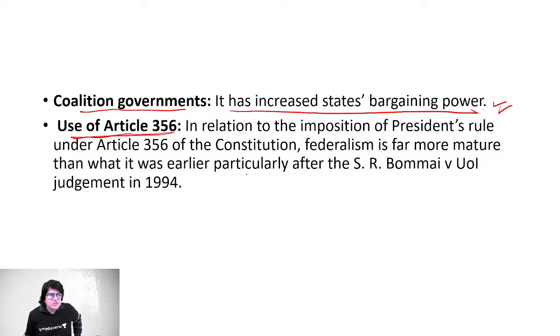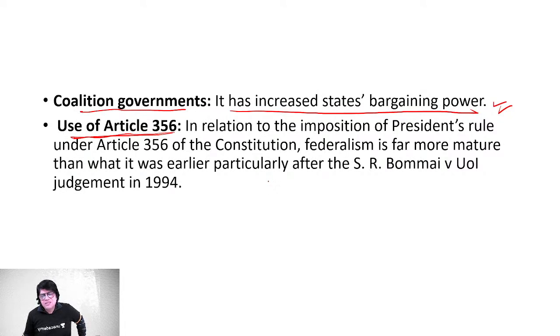So this was challenged by S.R. Bommai in the S.R. Bommai versus Union of India case, where the president's rule was imposed in Karnataka by the central government and it was challenged. Then the Supreme Court in a landmark judgment, S.R. Bommai versus Union of India in 1994, had given clear-cut guidelines on how and under what circumstances president's rule should be imposed. Of course, it had upheld the imposition of president's rule in that state on secular grounds.